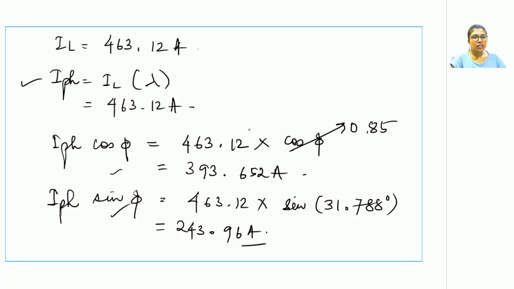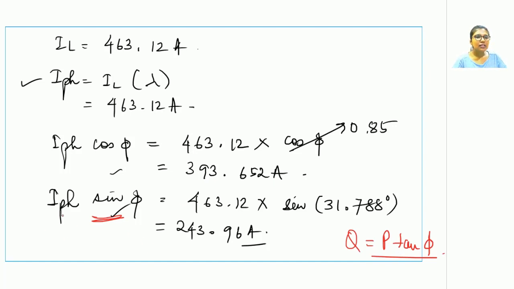There is one thing that I need to tell you at this point of time, that we obtained this reactive component of the phase current using this expression. But remember how we used to obtain the reactive power? The reactive power can be obtained by P tan phi. The same thing can be used over here.